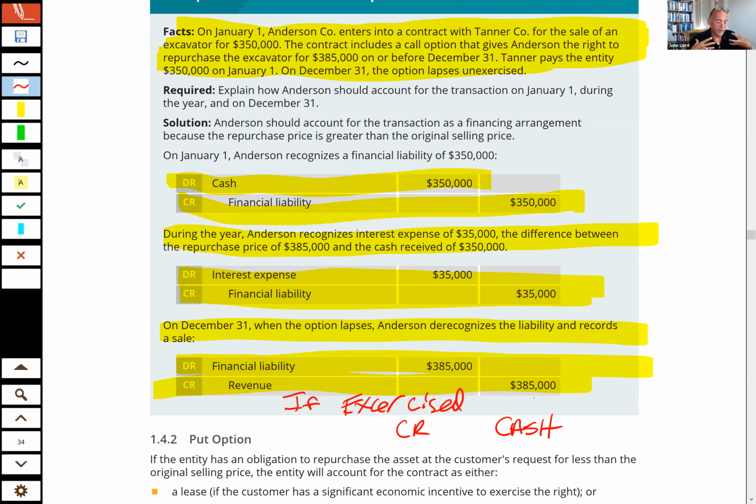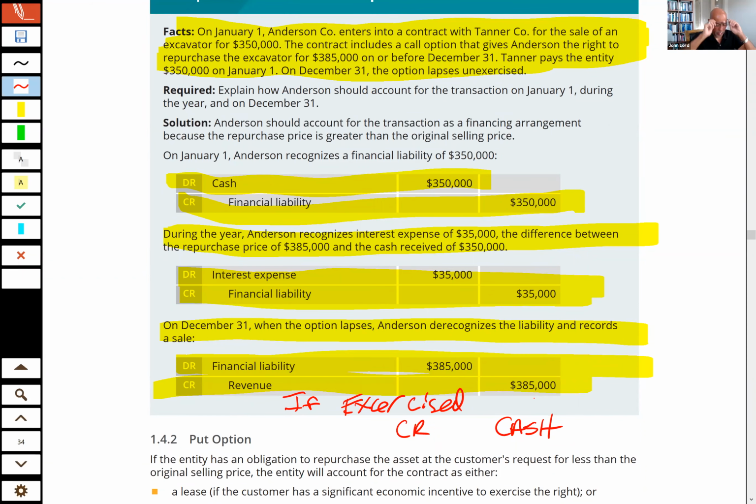But we have to suspend those a little bit to help with the understanding, which is the notion that if you can force me to give you the money back, then in effect I've borrowed money from you. And if I have to buy it back from you for more than what you had originally loaned me, that difference is interest.